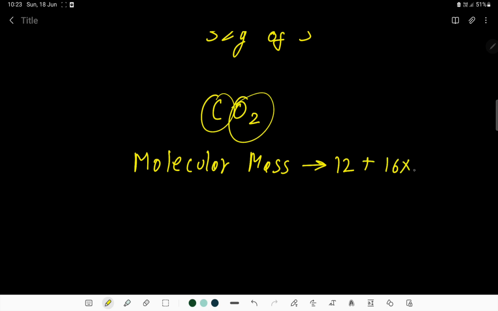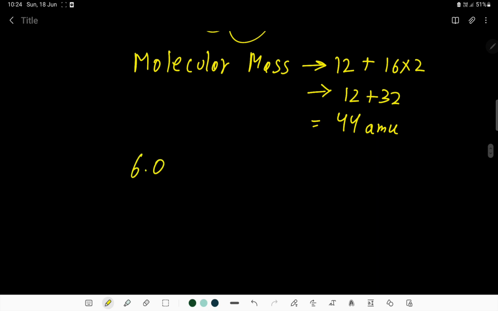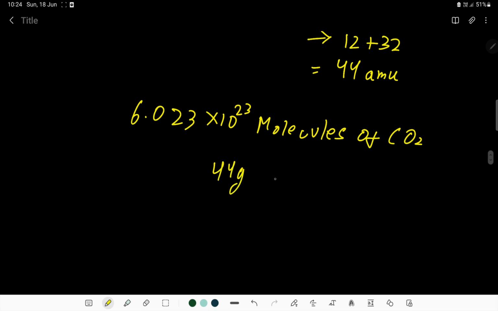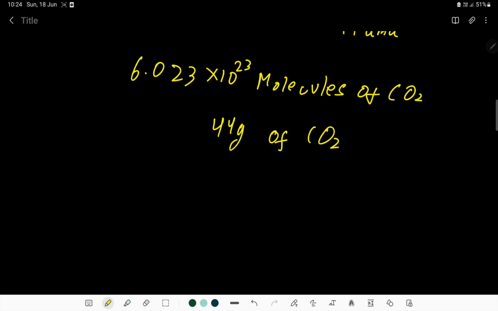There are two oxygens, so 16 into 2, which makes 12 plus 32, which is 44. So the molecular mass of carbon dioxide is 44 atomic mass units. So if I take 6.023 into 10 to the power 23 molecules, not atoms, because it's a molecule, of carbon dioxide, I will get exactly 44 grams of carbon dioxide. That's the magic of this number.